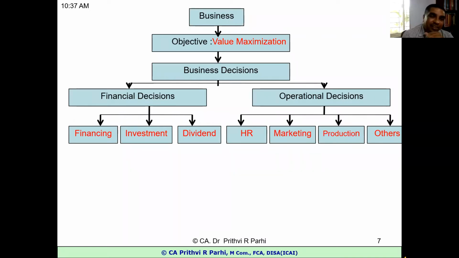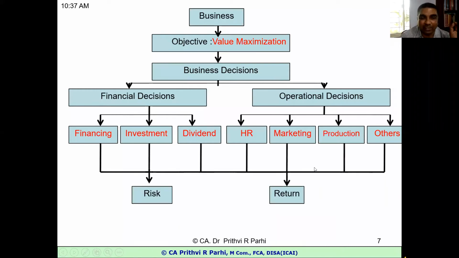Different people or different teams take all these decisions. And to take that decision, they have to understand the entire environment, because the environment throws us two very important things. One is it sends us certain risks, and also it gives us return.